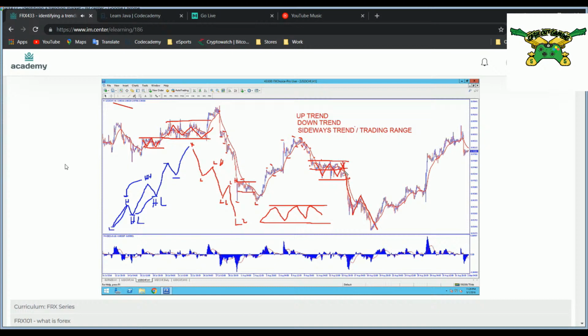Typically, a market will expand out of a range in very sharp action. For instance, right here, the market did a fake out to the upside and fell. A lot of times that happens out of a sideways range. You may get a fake out and down, or just a breakout. It can go either up or down.